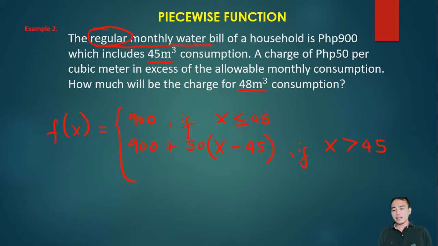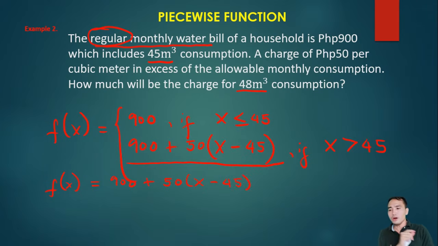Magkano daw yung babayaran natin sa isang buwan kapag nakagamit tayo ng 48 cubic meter. So 48 is greater than 45, di ba? 48 is greater than 45. So, ibig sabihin, the second function yung ating gagamitin. So, that is f of x equals 900 plus 50 times x minus 45.